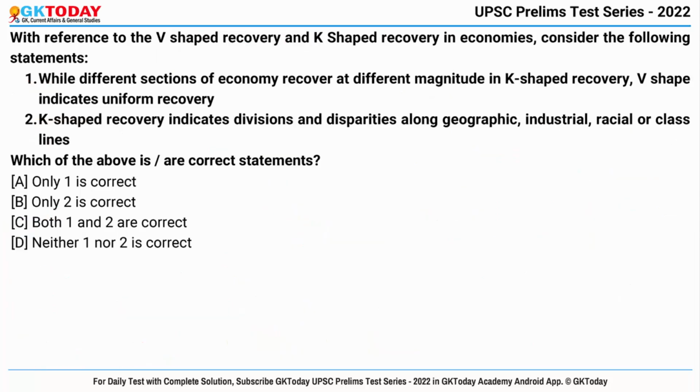Okay. Now next question. With reference to the V-shaped recovery and K-shaped recovery in economies, consider the following statements. Before that, we have to understand what these types of recoveries are. But first of all, why is the recovery term in the news? Because as India was going to come out of the COVID-19 lockdown a few months back, experts were debating over the shape of recovery of the Indian economy.